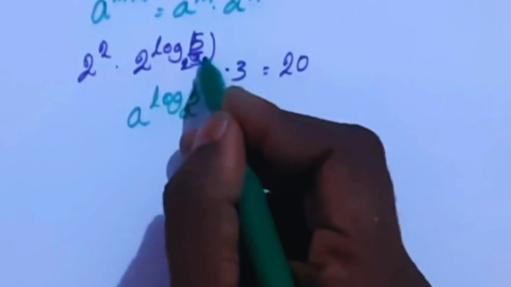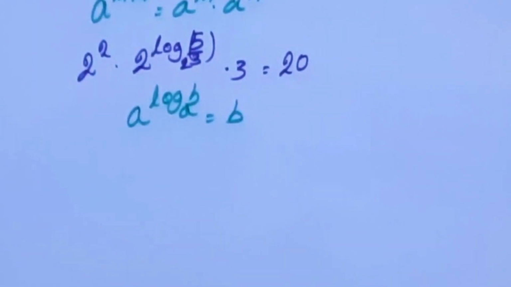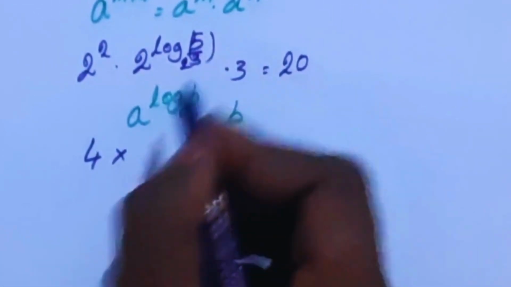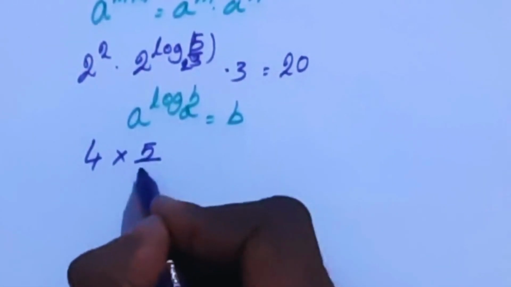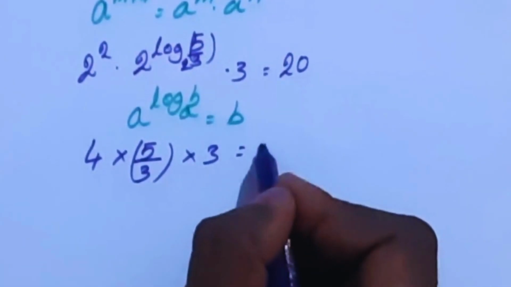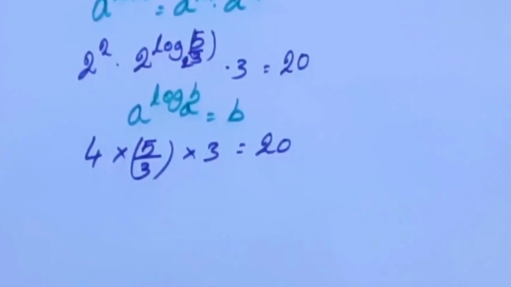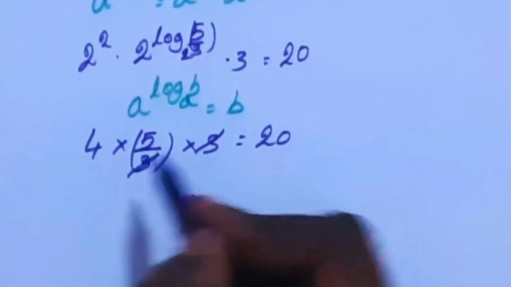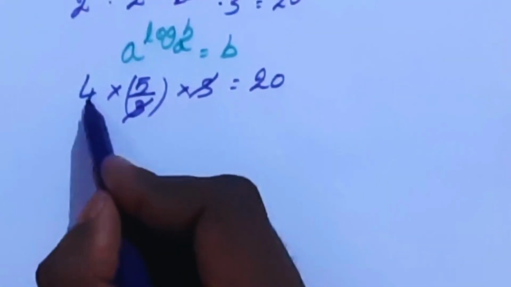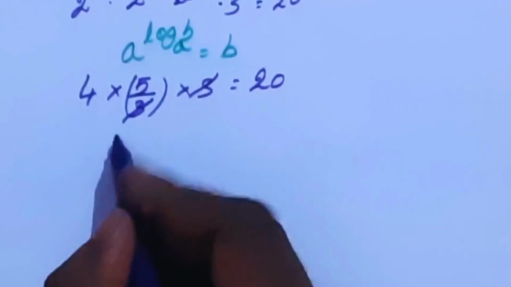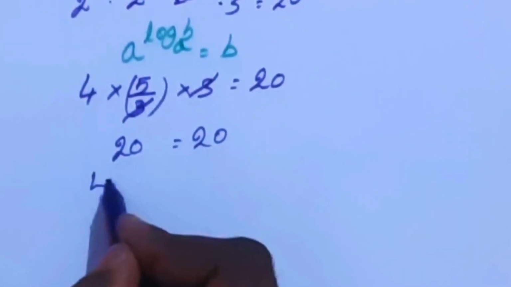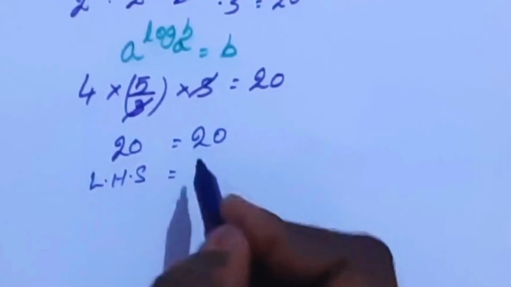So we are going to apply this here. So we get 2 power 2 is 4 times this is 5 by 3 times this 3 equal to 20. Now this 3 cancels this, so we have 4 times 5 is 20 equal to 20.